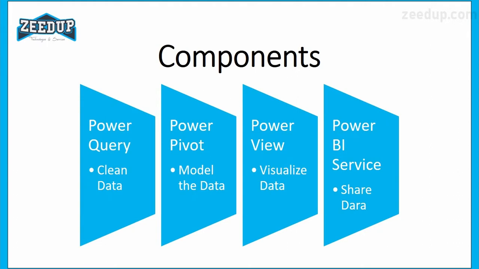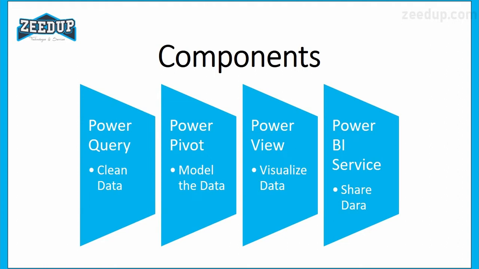Whenever you are working with a committee or with a team, you are required to share your insights with the team so that the team can work upon it. For this purpose, we have another important component of Power BI that is known as Power BI Service, which helps us in the sharing of data.